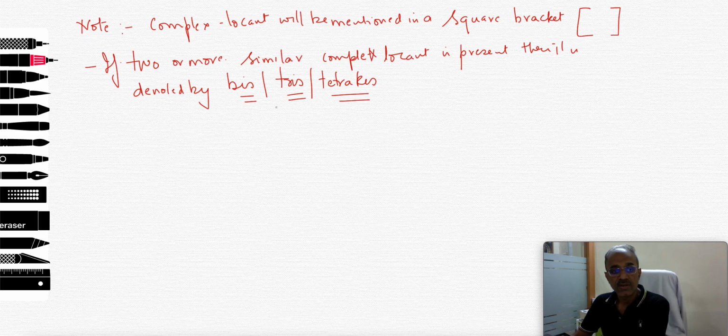Now, we will take a few examples. Fine? The naming 1, 2, 3, 4, 5. From anywhere you can give a name. 1, 2, 3, 4, 5, 6, 7, 8.